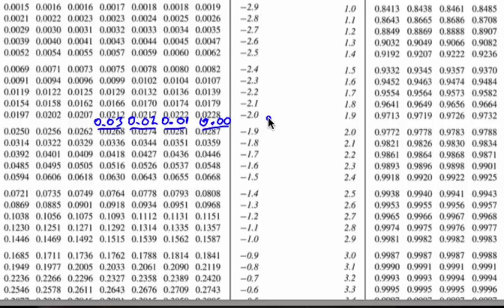No, 4.7 is everything right of 40, which is the same as everything to the right of negative 0.70.